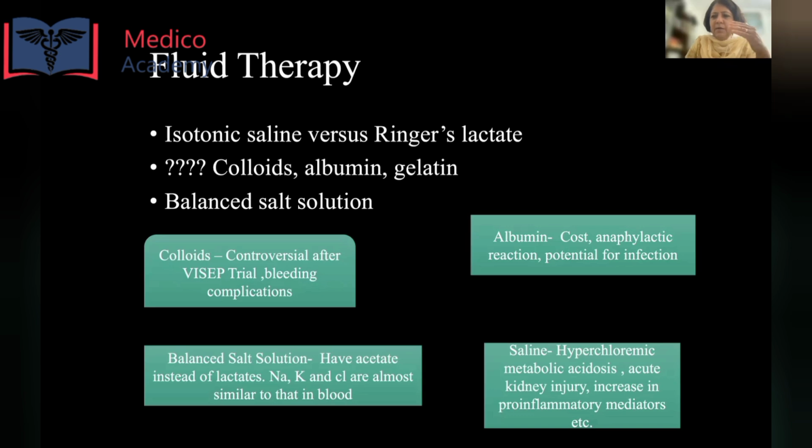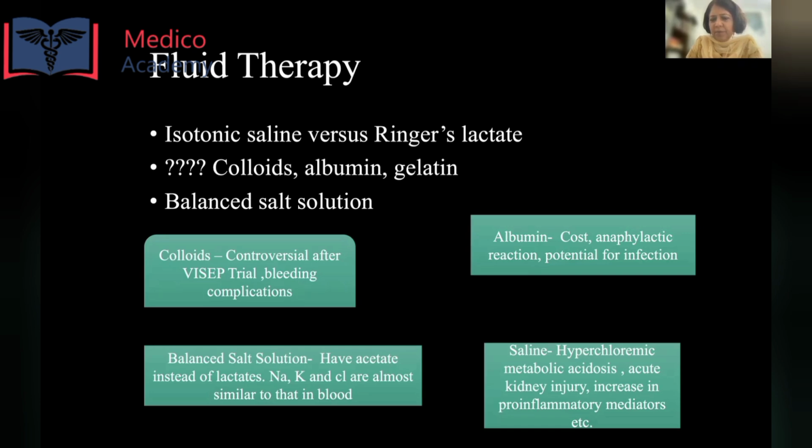Fluid therapy, again, the literature is full of which fluid is best in a patient of kidney transplantation. There are pluses and minuses for all of them. There are colloids, we know the controversy, and we know about the bleeding complications. Albumin has cost, potential for anaphylactic reaction, and potential for infection.